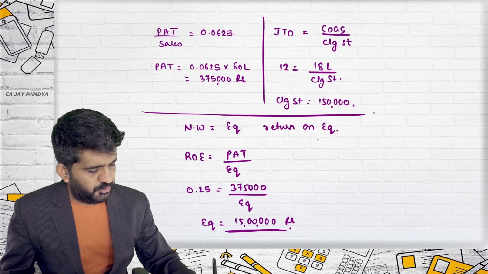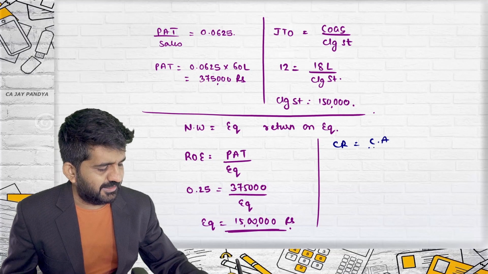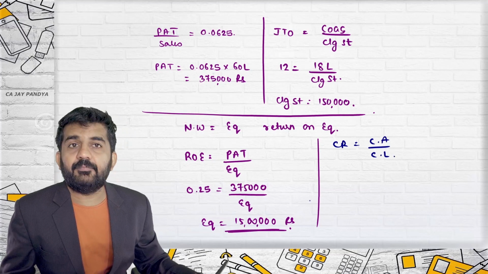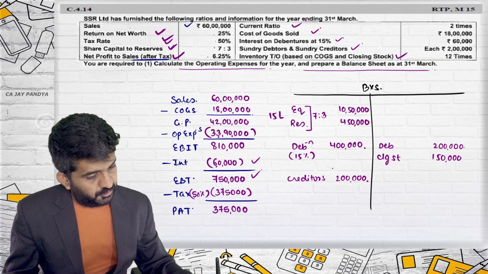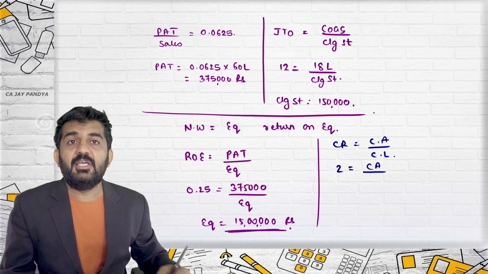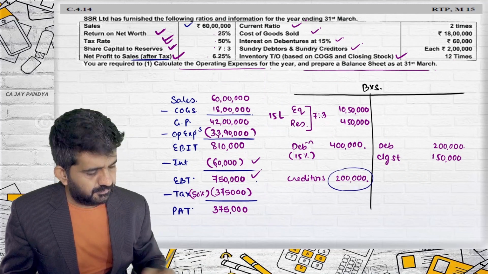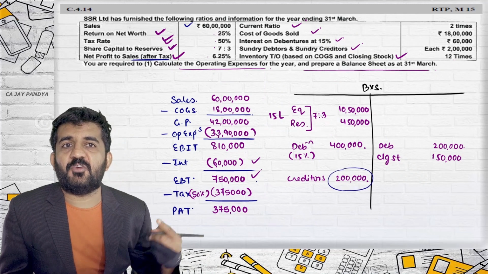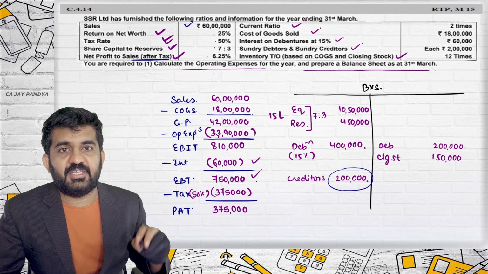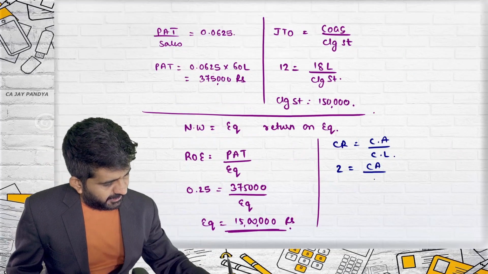What is the current ratio? Current ratio is current assets divided by current liabilities. Current ratio is 2. Current assets we do not know. Current liability, there is only one, which is creditors. No other information on bank overdraft or other current liability is given, so I can assume that current liability is only creditors, 2 lakhs.